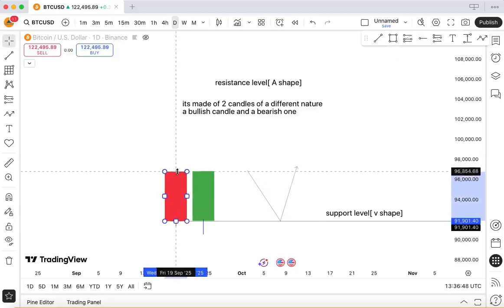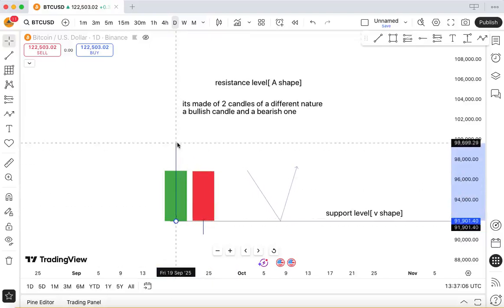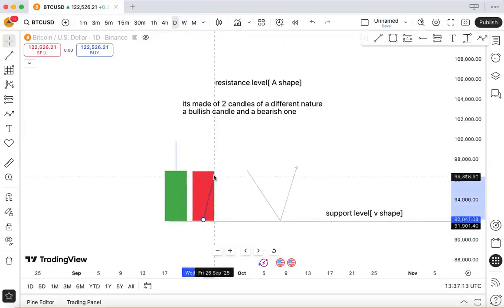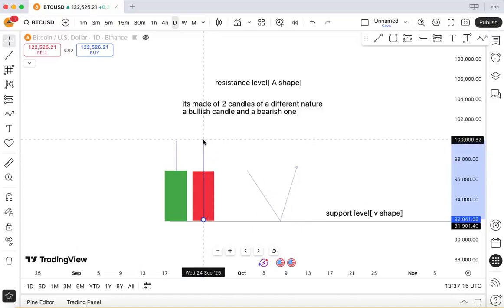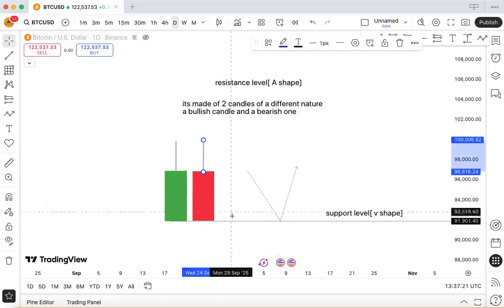So a bullish candle and a bearish one. Bullish is green and bearish is red in color. I told you I don't care about wicks, as long as I'm having that bullish candle and a bearish candle as well. That is all I'm up to.